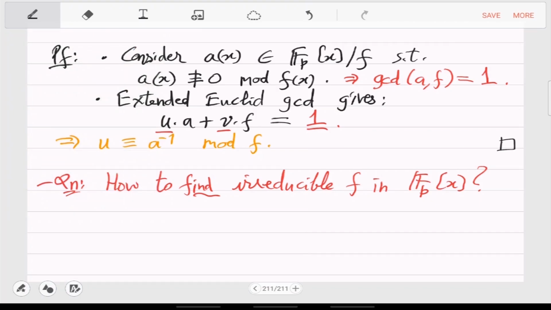Okay, let me anyways make a remark that if they exist, then this Fp[x] mod f is a field of, oh, let me add degree also here. How to find irreducible f of degree d?